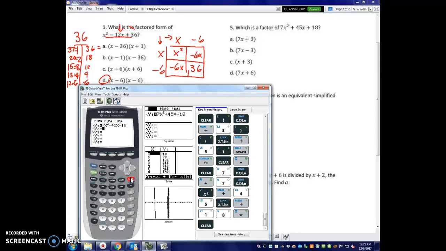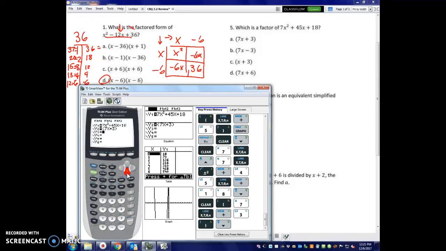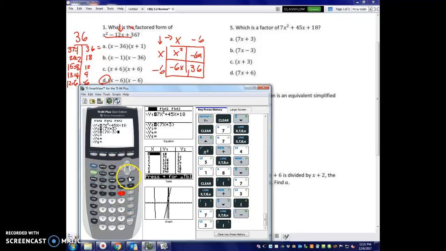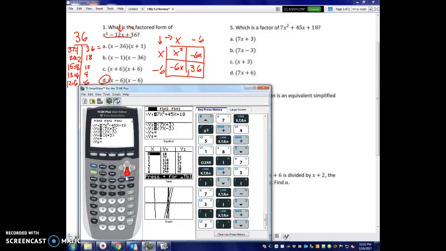Our first answer choice is 7x plus 3. Our second answer choice is 7x minus 3. Third one, x plus 3. And our fourth one, 7x plus 6.